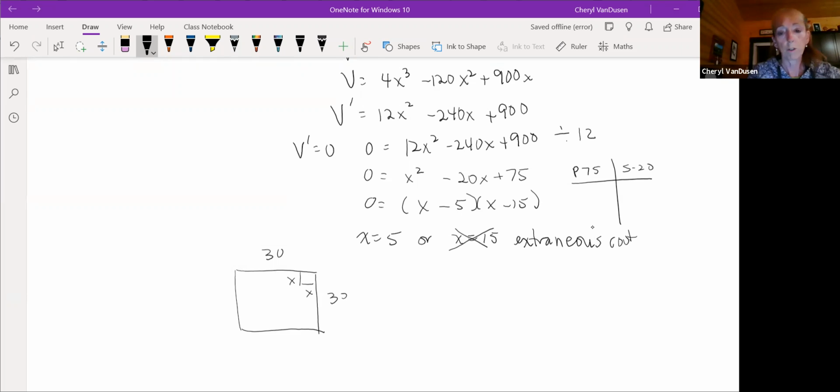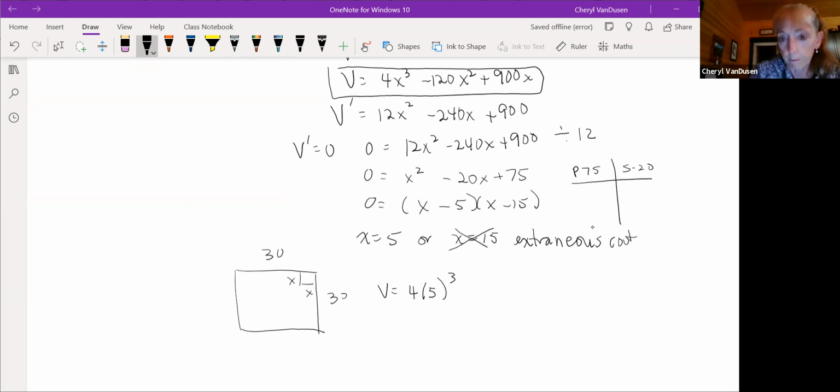Now, the question originally had said to us, I'm just going to read it from the page here, find the volume. Oh, I'm trying to find the volume. Okay, so here's our volume statement. So we're going to put x in there. Double check. Okay, so put the 5 in there, and that should give us the largest volume that we can get.